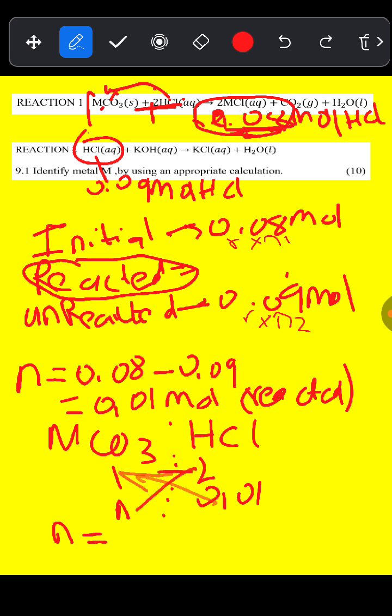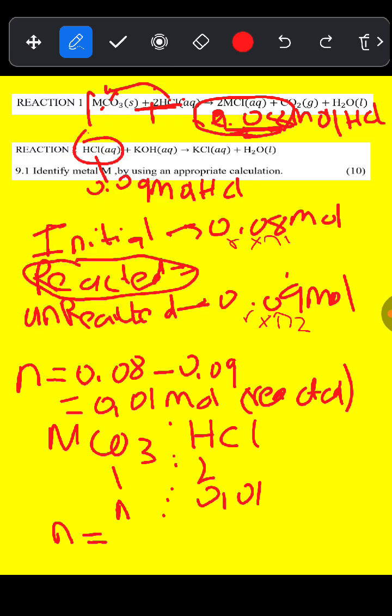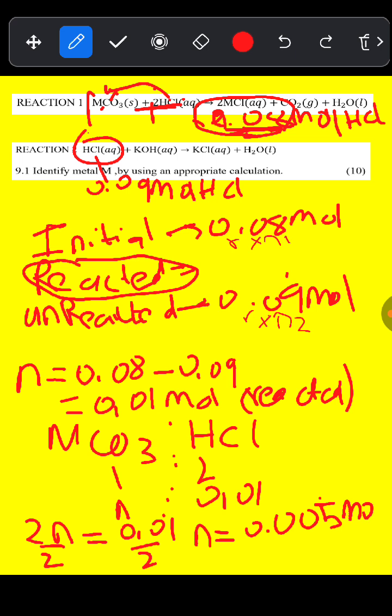You are going to get 2n equals 0.01. Then you divide by 2, and n is equal to 0.005 mole of what? Of the metal carbonate.